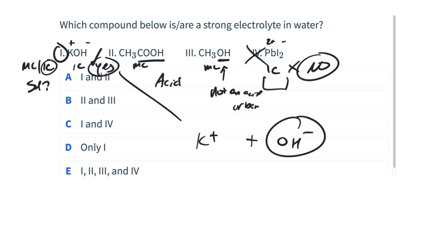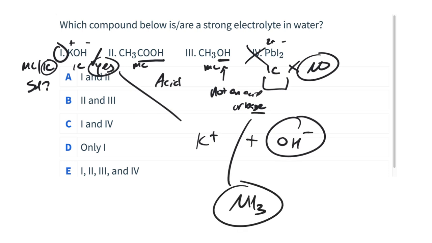How do we know it's not a base? Well, the only base that we learned from formulas that we recognize from nomenclature is ammonia for the molecular compound side. So if you're picturing a molecular compound, there are the acids that we learn how to name, the alcohols, the hydrocarbons that we learn how to name, and binary compounds like CO2, CO. The only one of those compounds that acts as a base that's common for us to recognize is NH3, and it's a weak base, a weak electrolyte in water.